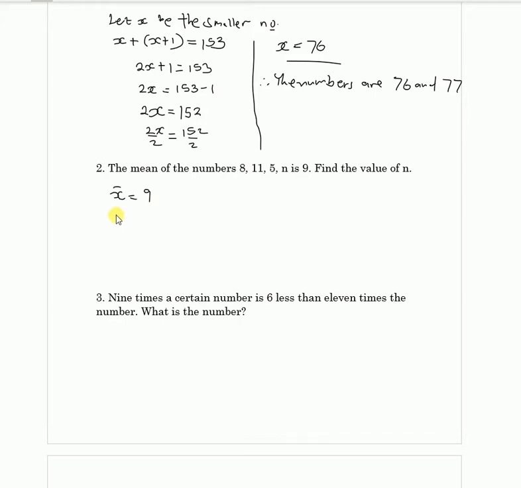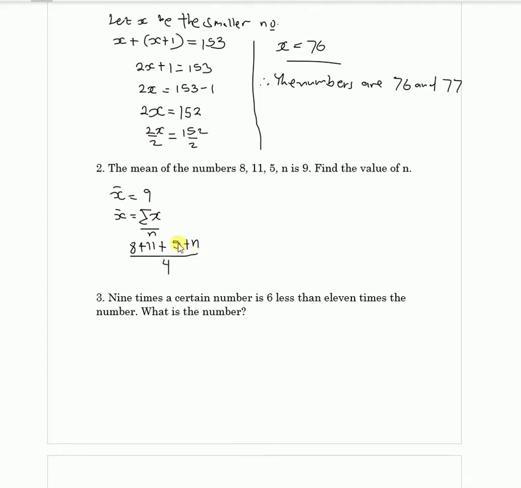But remember, mean is equal to summation of x divided by n, implying that the summation is 8 plus 11 plus 5 plus n, divided by 4, since there are 4 elements.